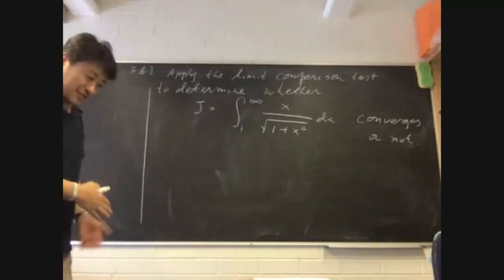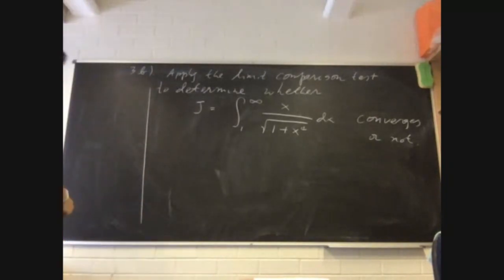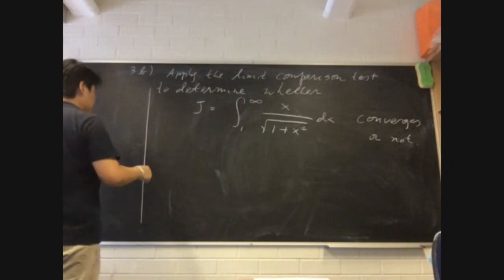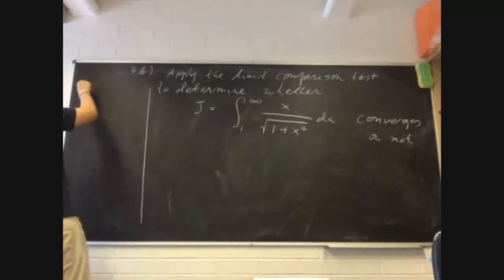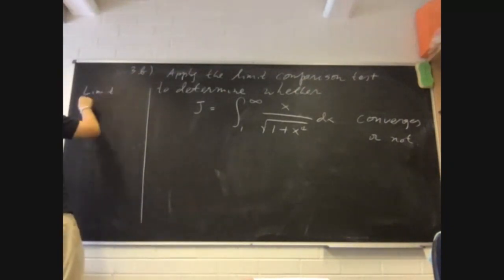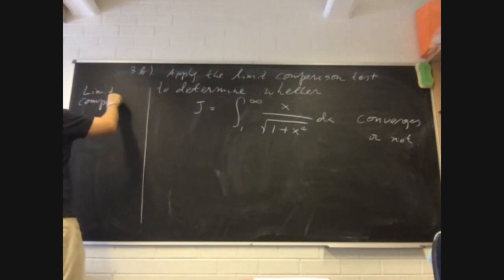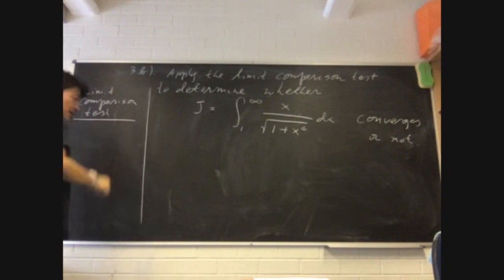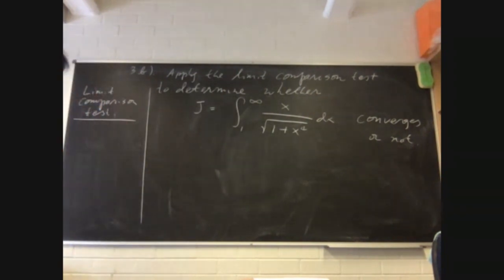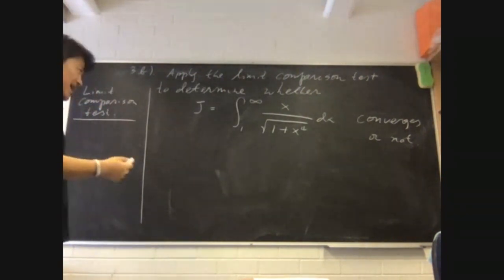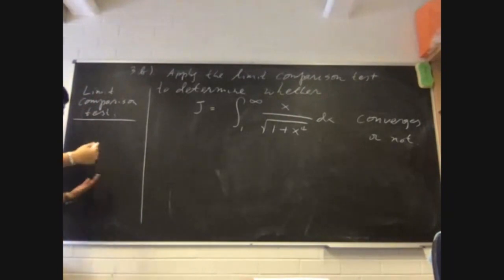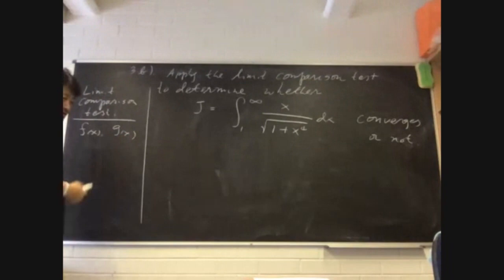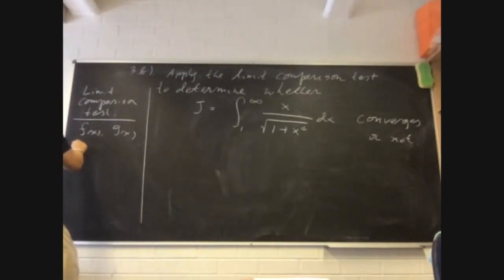Well, first of all, let's recall what the limit comparison test is for integrals. So for integrals, when you compare, that means you have at least two functions, right? So f of x and g of x, you've got two functions, and they're both positive and continuous.